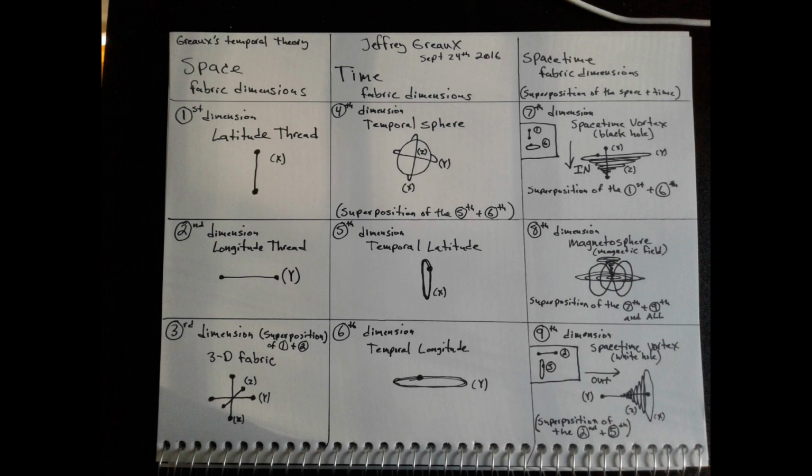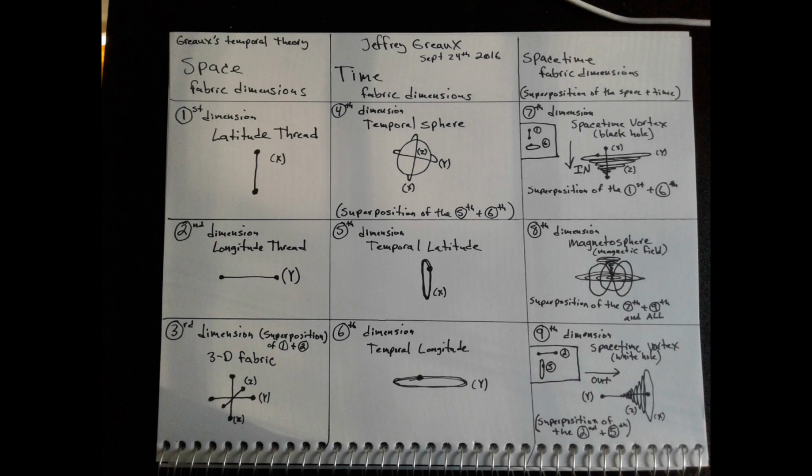And speaking of built upon, this chart here, all of the 9 dimensions on here are built upon the dimensions that come before it. So if we start at the very beginning, which is the first dimension, which I've titled latitude thread, everything else is built upon this.